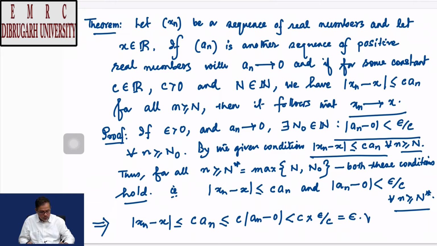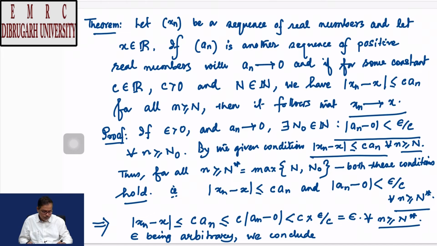And this is true for all n greater than or equal to n star. Since epsilon is arbitrary, we conclude that xn converges to x, and this completes the proof of this theorem.